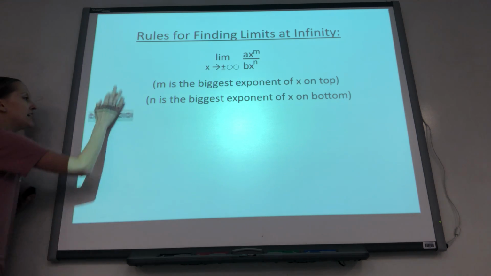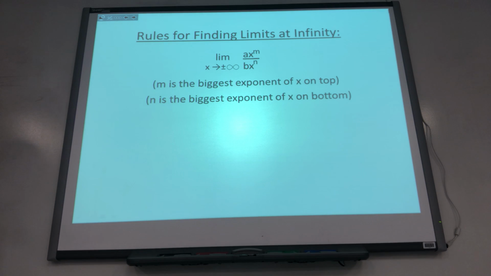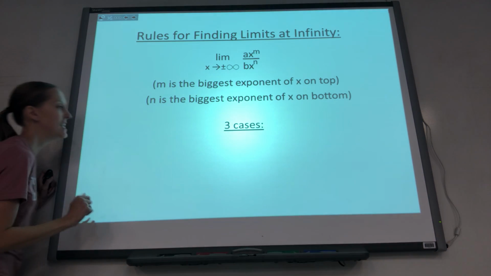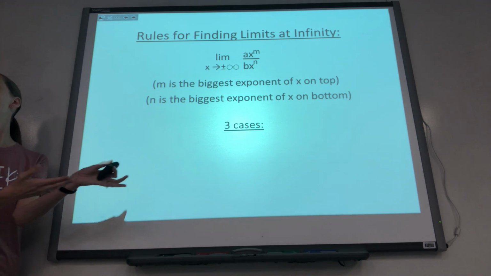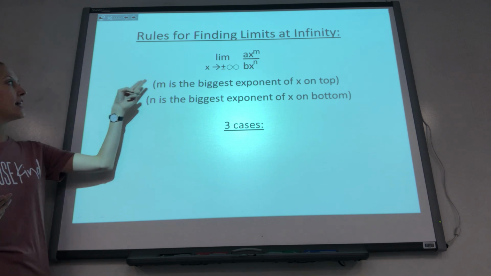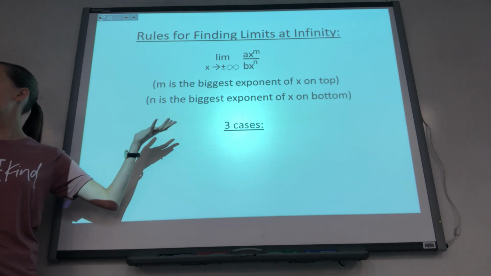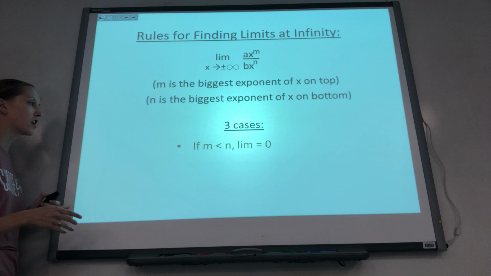All right. Now, just like we had 3 cases for finding horizontal asymptotes, there are also 3 cases for finding limits at infinity. So here comes the good stuff. All of the cases depend on m and n, so you kind of have to figure out what they are first.